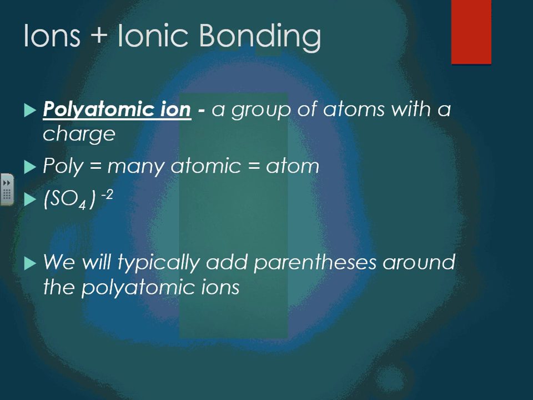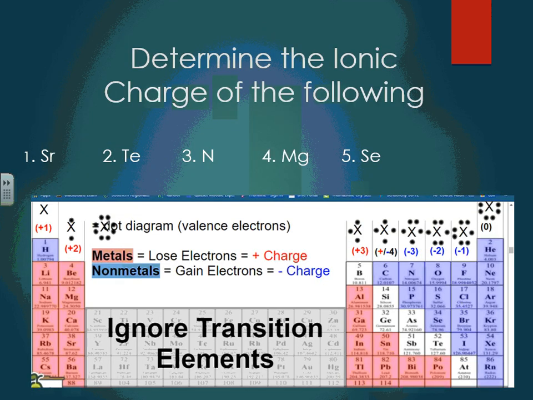But before we do, let's take a second and just practice determining the ionic charges of the following. All right, so if you're looking at the ionic charge, you notice that strontium is Sr. Sr is going to be in column 2, so its ionic charge is going to be +2.